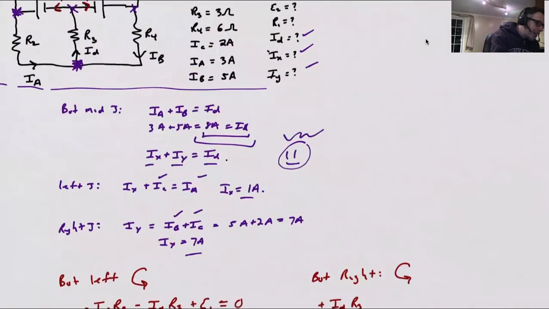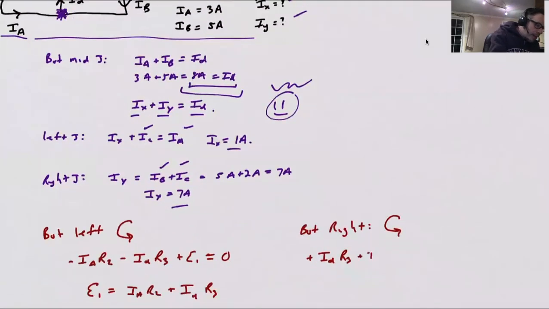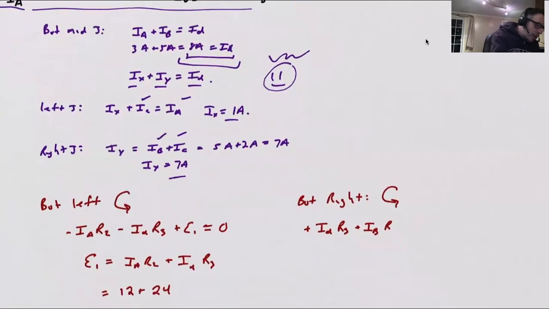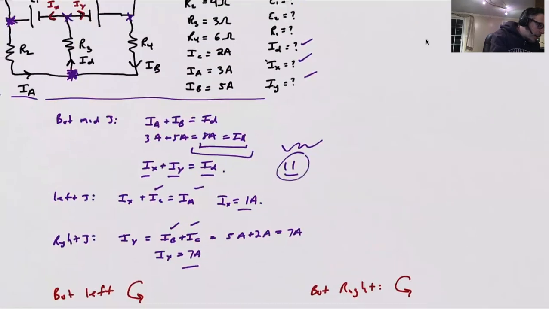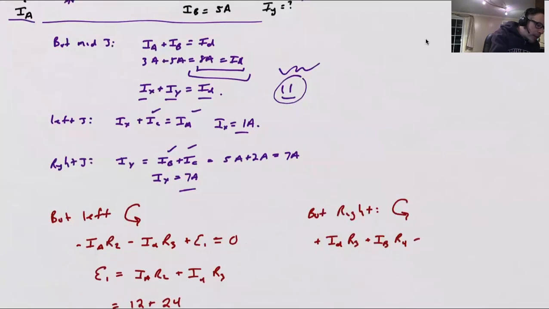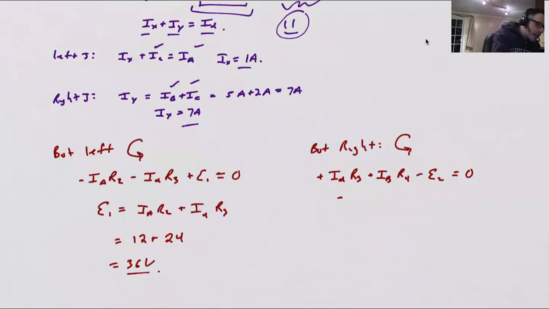I then flow against the current IB, and that was an R4. I then go across the battery in the wrong direction, and I'm back home. And so this then tells me that E2 is ID R3 plus IB R4.